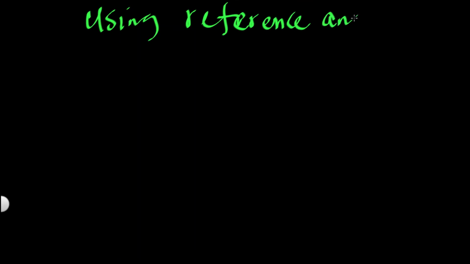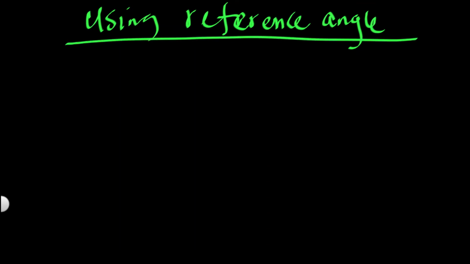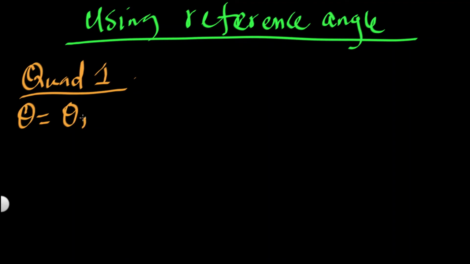So using the reference angle, in quadrant 1, theta is equals to theta ref. So in quadrant 1, your reference angle, whatever you got, if it was just acute, it is just that. You stop there.